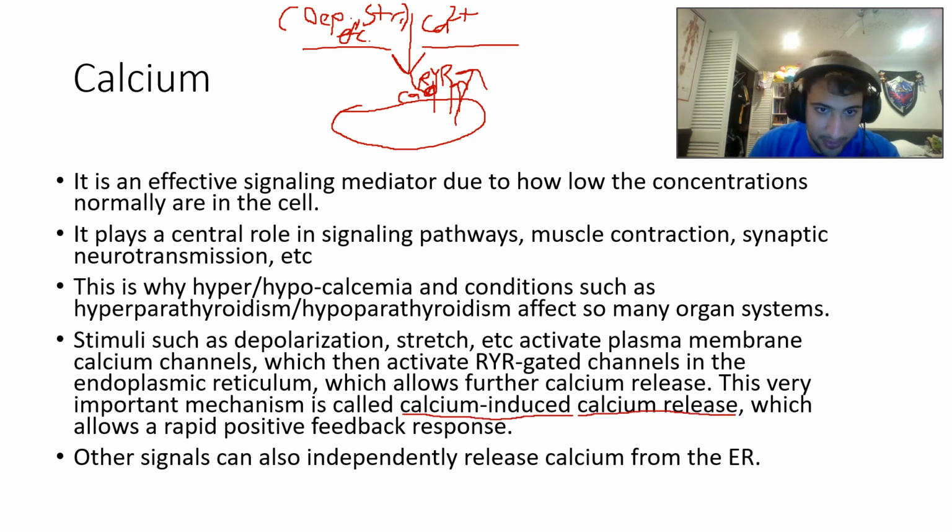All right? So, stimuli can activate plasma membrane calcium channels. That's going to cause calcium to come in and activate ryanodine receptor-gated channels in the endoplasmic reticulum, and you're going to get calcium-induced calcium release, which you can imagine causes the all or nothing response for calcium. So let's say you're in a nerve, the result of this will be all this calcium will lead to exocytosis of synaptic vesicles.